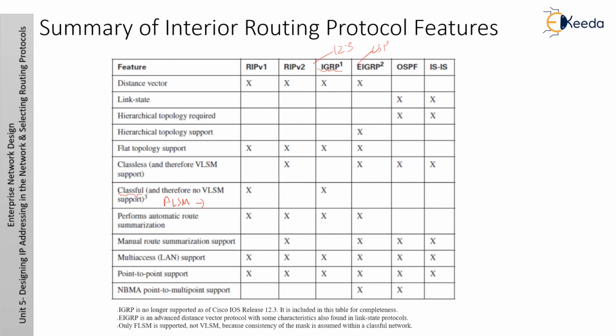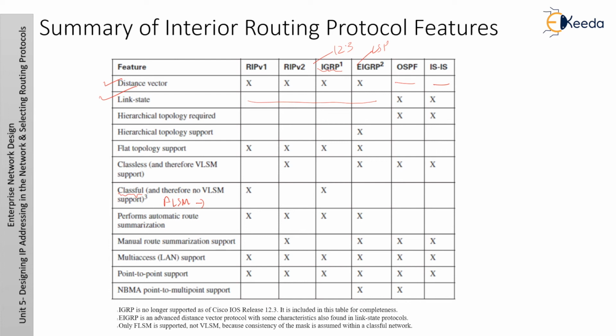This is the traditional IP address mode. Now come to features: distance vector is supported by all the protocols except OSPF and ISIS. Link state, if the protocol is either link state or distance vector, these protocols will not support the features associated with link state. Only OSPF and ISIS support link state.